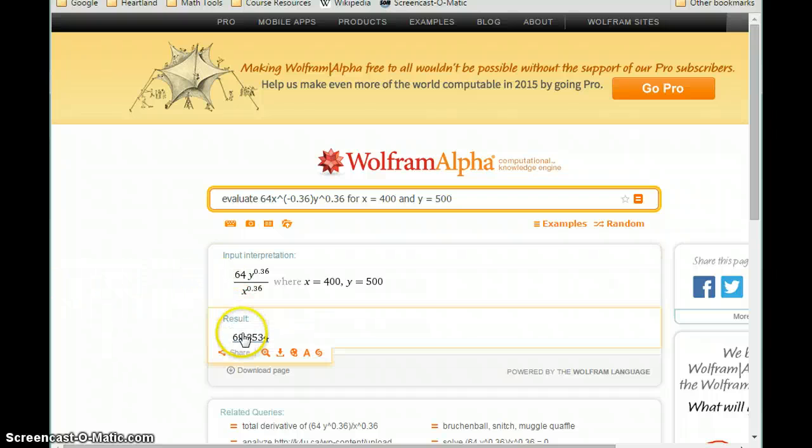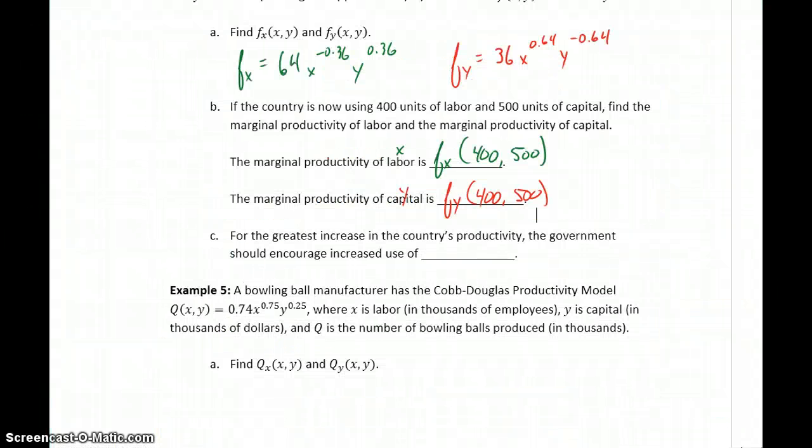So, sorry about that, but once this finished calculating, we did get a result of 69.35. So the marginal productivity of labor is approximately 69.35, and then similarly, we could evaluate the partial derivative with respect to y at those same values to get approximately 31.21.